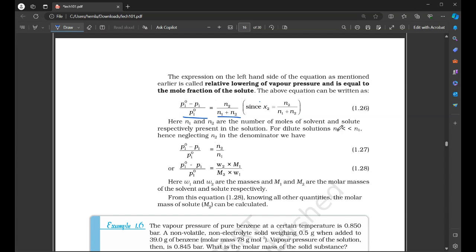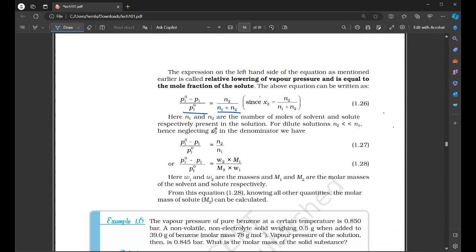For dilute solution, N2 is much smaller than N1, as we read earlier. And we can write the equation for relative lowering as follows.